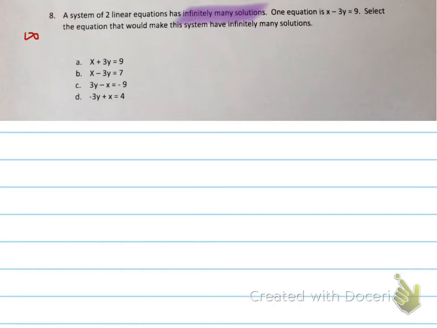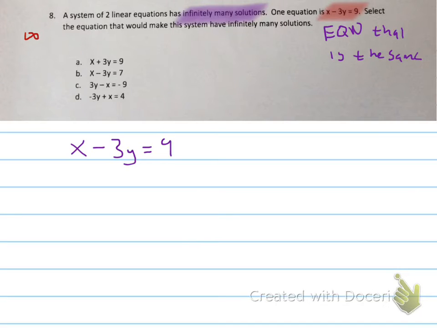And what it actually ends up being is we need to be looking for an equation that is the same. Alright, for example, x minus 3y equals 9.